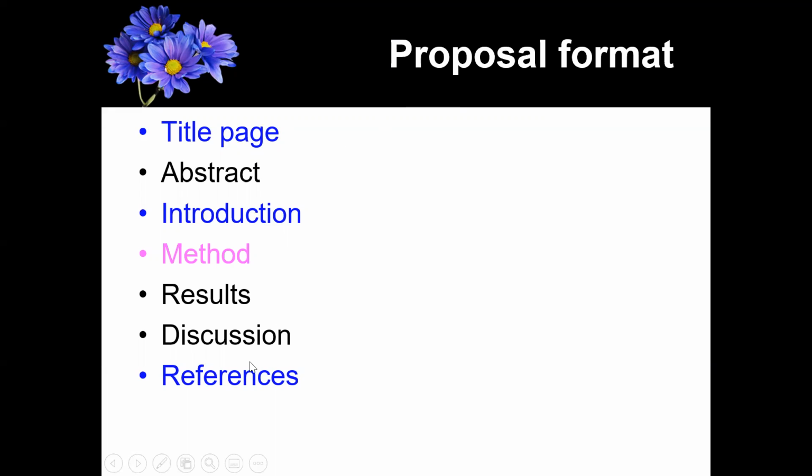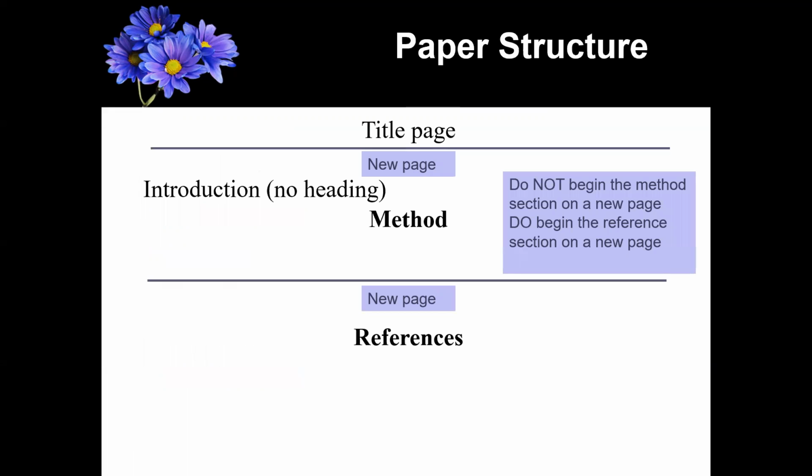Within this course, we're not going to do all of them, just the title page, introduction, method, references. So last time you did, of course, these three: title page, introduction, and references. But next we got to add the methods. And again, also fix up any problems I had with your introduction.